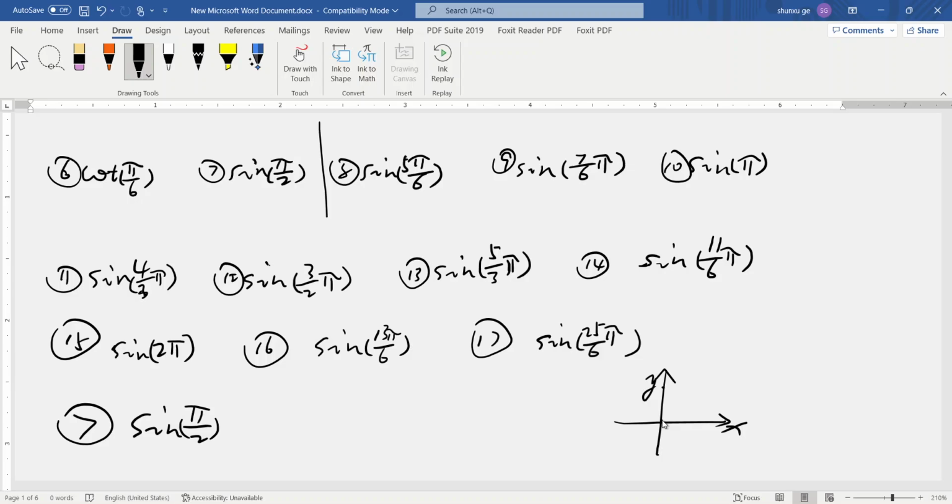The angle here is a small one, but the angle becomes larger and larger until here. The point should be 0 comma y. So the angle should be here, point x 0, point y.